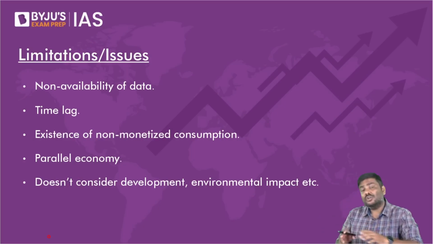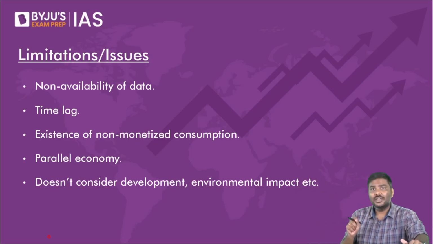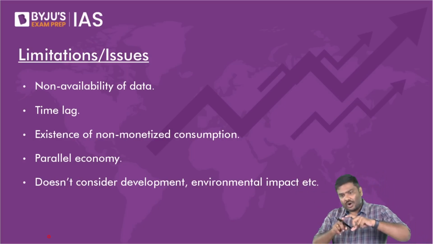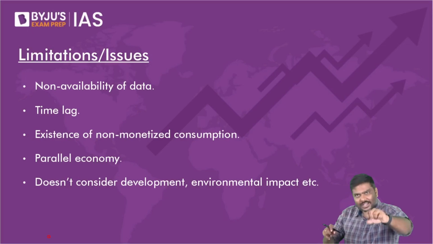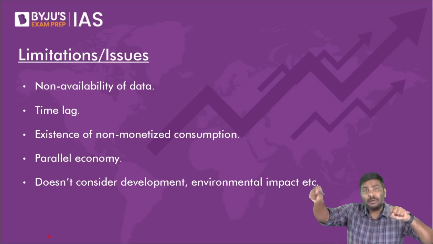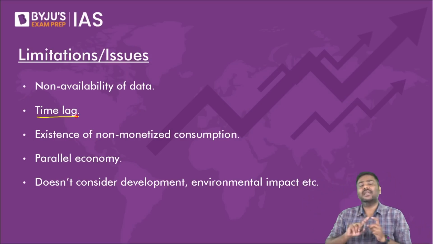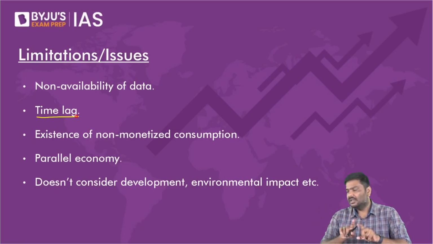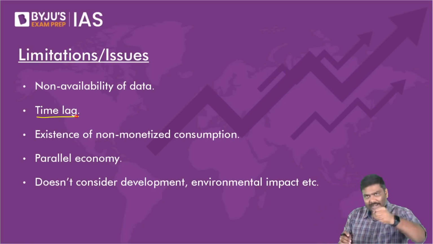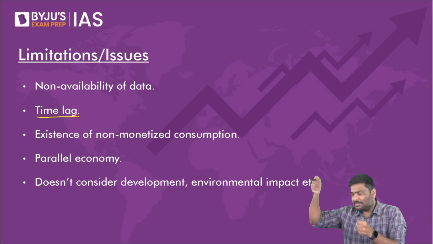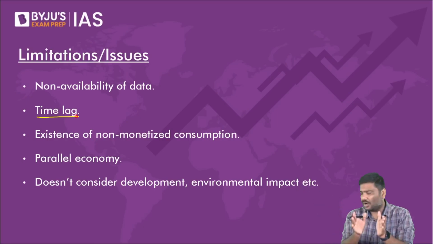You will come to know that in the month of August, which means there is a lot of time gap between collection of the data and publication of the data. That is called time lag. Time lag means time difference. There is a lot of time taken to collect and publish the result for that quarter.